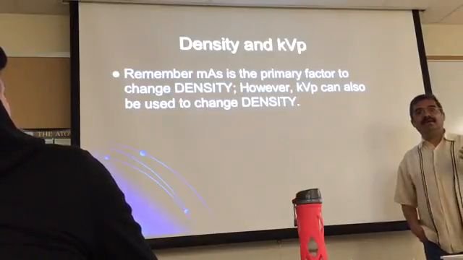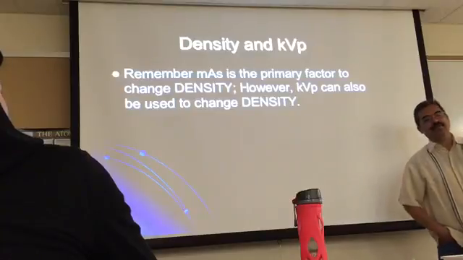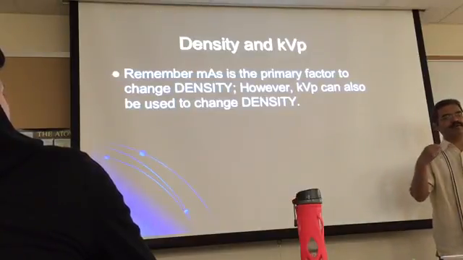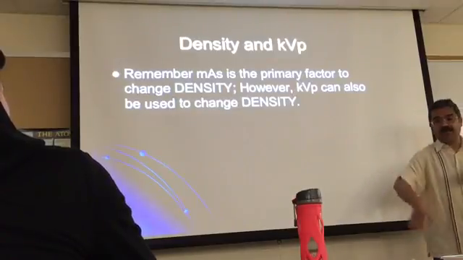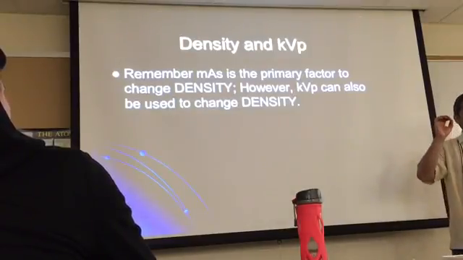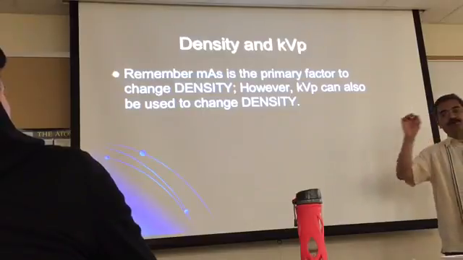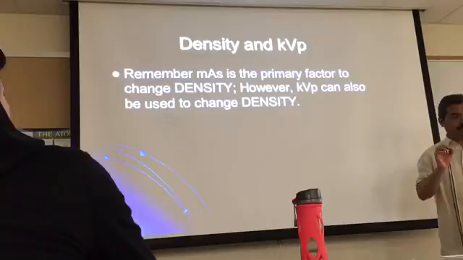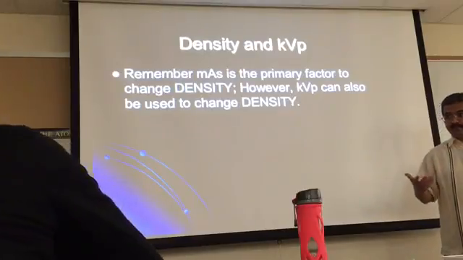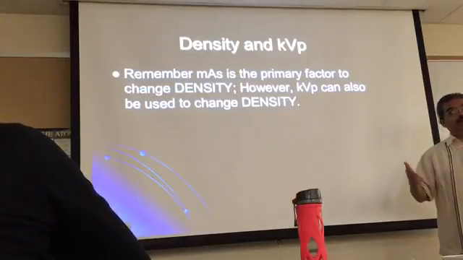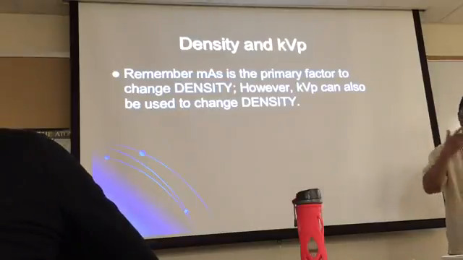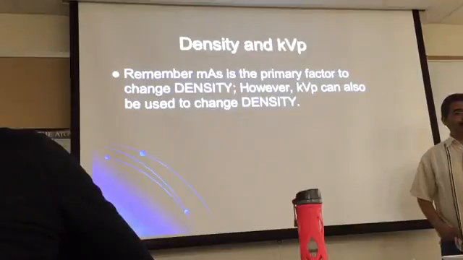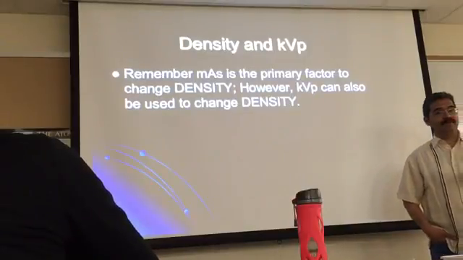Remember, and I'll repeat it one last time, when you talk about film, radiographic film, the film that you develop in chemicals, when you talk about exposure, you can also talk about density. With film. Now, with digital systems, no. With film, yes. It will be directly proportional.